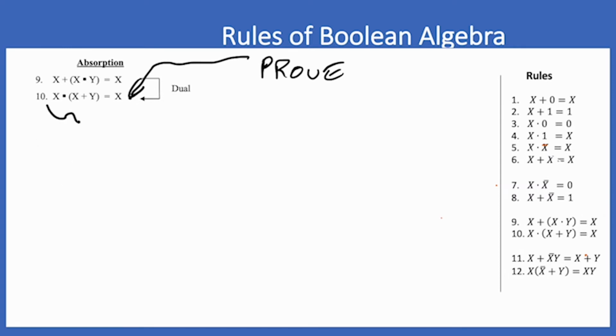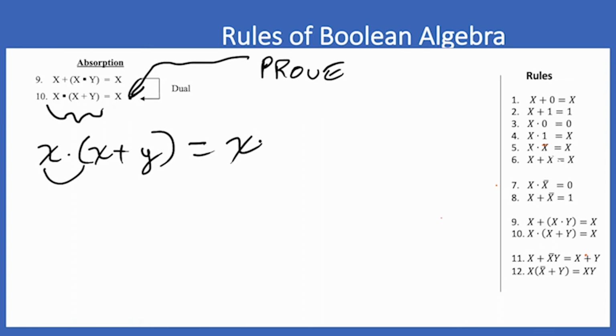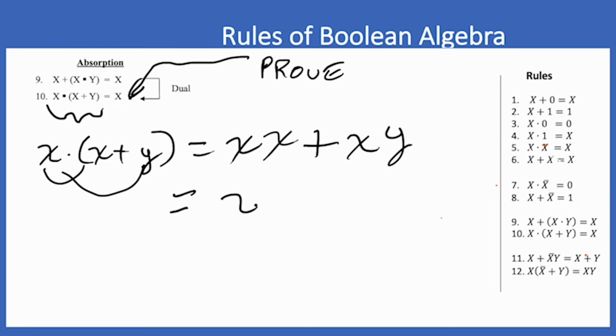Let's go ahead and expand this one here. So we're going to take x times x plus y, and we're going to multiply out the terms. We're going to get xx plus xy. We multiply the x times the y. So xx is just equal to x. So we got x plus xy.